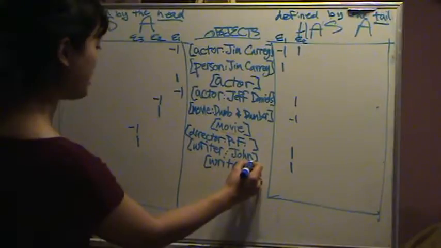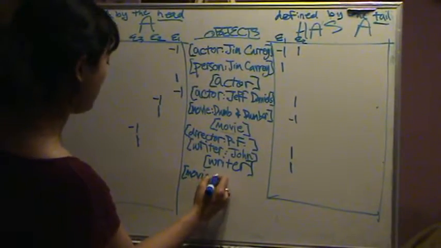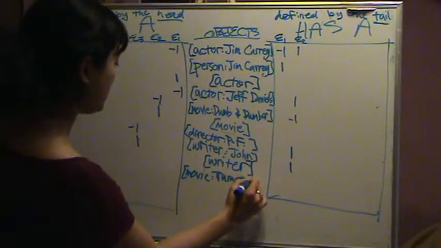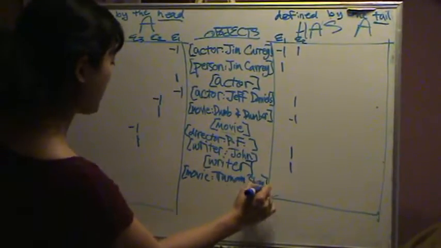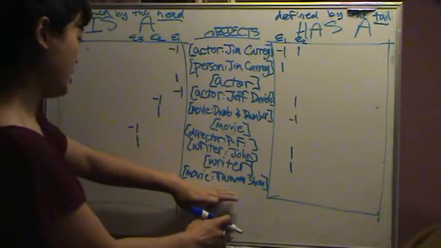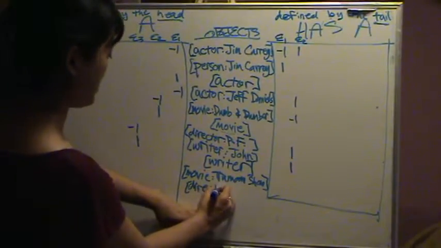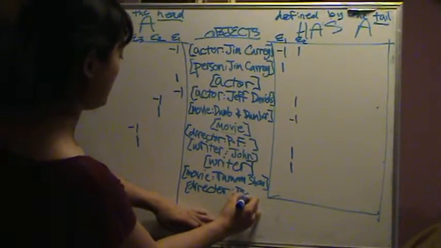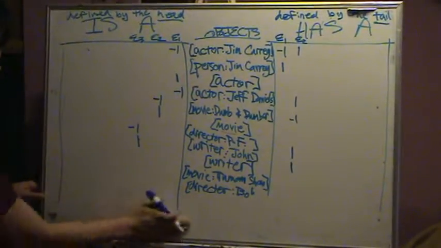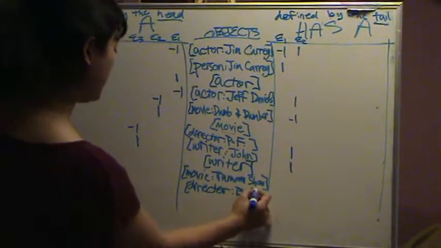Let's see, let's have another movie. We'll say movie Truman Show. And so we've got another director of the movie. I don't know who that is. We'll say it's Bob. Director Bob.